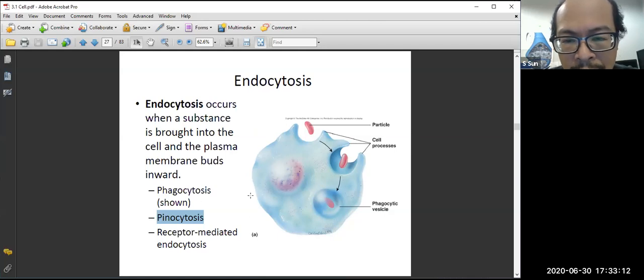And all these have this receptor-mediated endocytosis, which means that they don't eat anything. They eat what they can recognize. So when this particle diffuses around and attaches to the receptor, the cell would have a receptor right here.